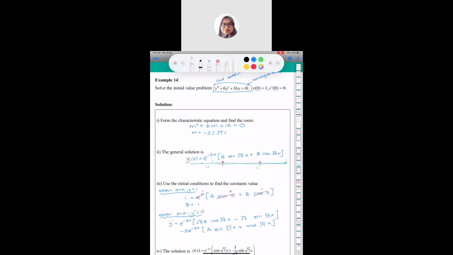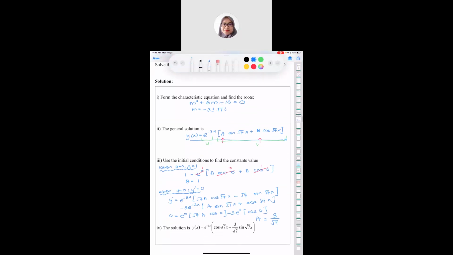So you just substitute the value to find the value of A. If I substitute here, e^0 is 1, square root 7 A cos 0, sin 0 vanishes. Minus 3 e to the power of 0 times cos 0, sin 0 is 0. So if I simplify, I will get A equals 3 over square root 7.